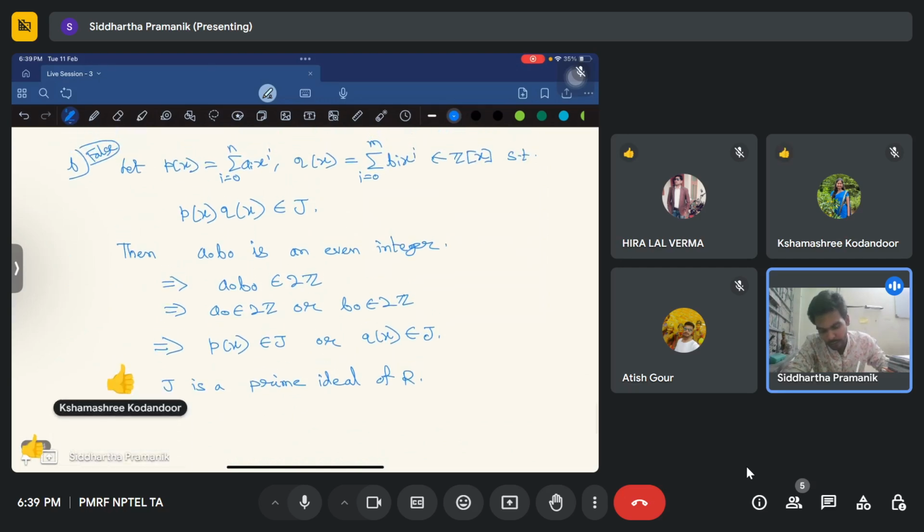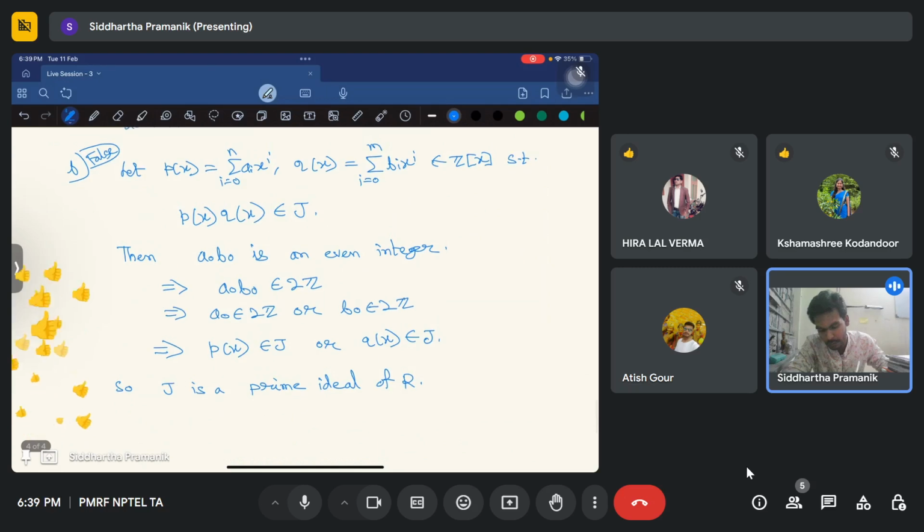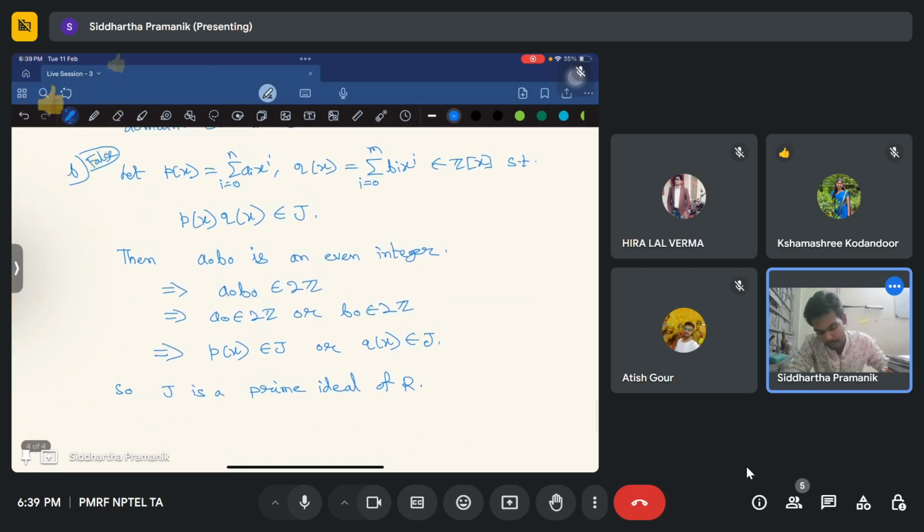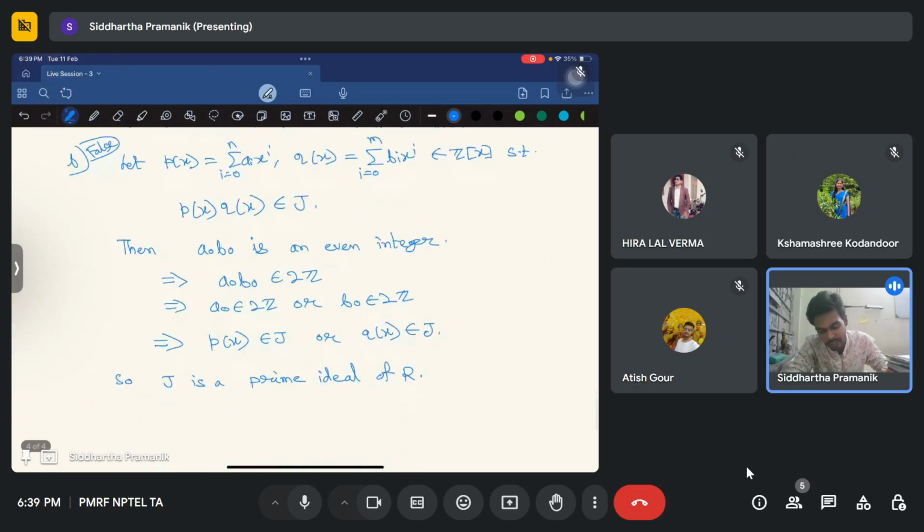In fact, you can prove this part B using the first isomorphism theorem also.